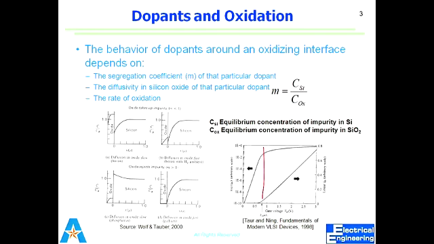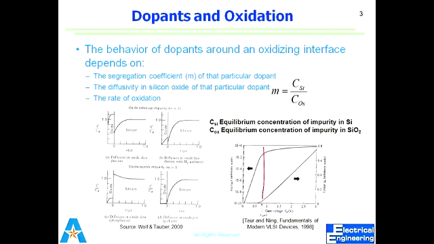For phosphorus, the dopant would be higher in silicon than in silicon dioxide. As we grow more and more silicon dioxide, this dopant is not capable of being accommodated in the oxide as compared to silicon, so more and more of the dopant will be inside the silicon.